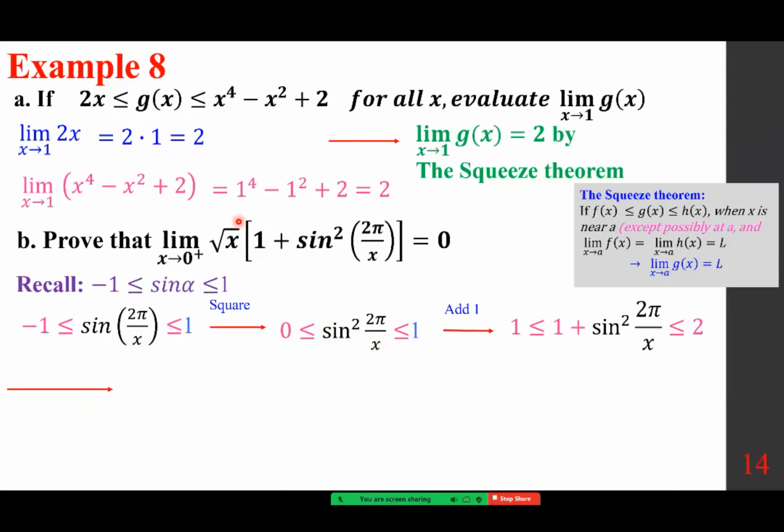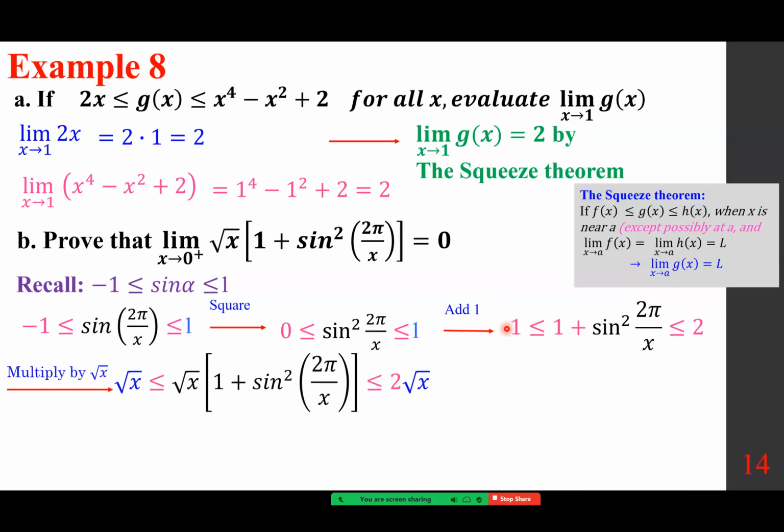The next one, we want to multiply by square root of x. And remember, x is approaching 0 from the right, and square root of x has domain 0 to infinity, but from the right, it's always positive. So when we multiply by square root of x, the sign doesn't change. It remains less than or equal, because if it's a negative number, it flips over.